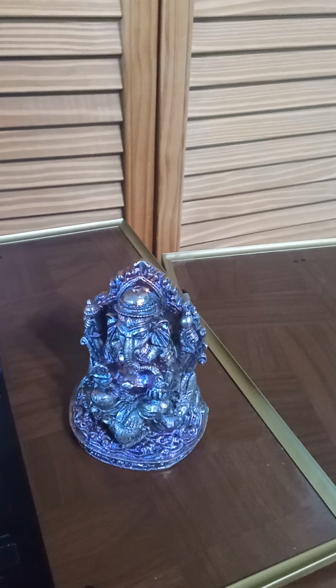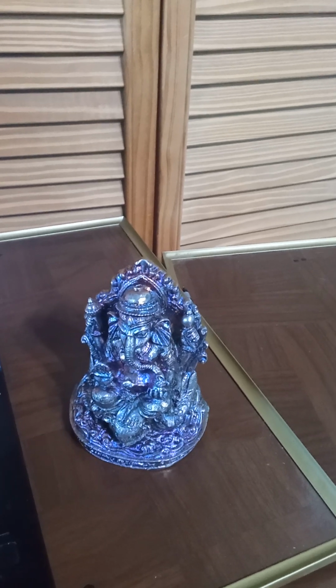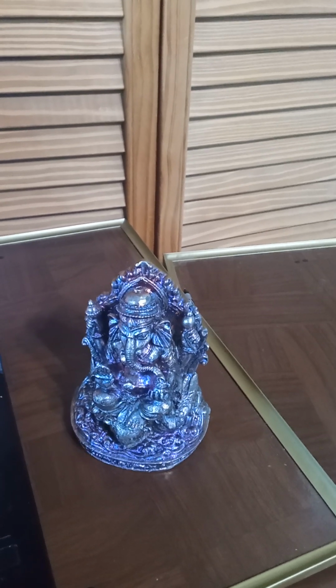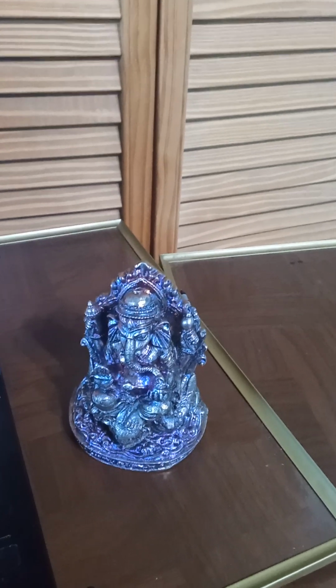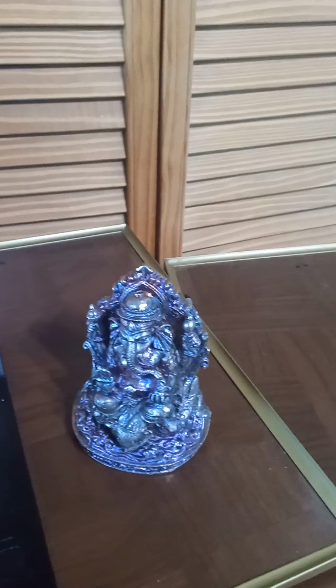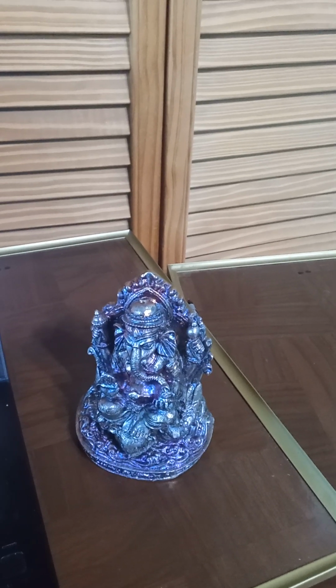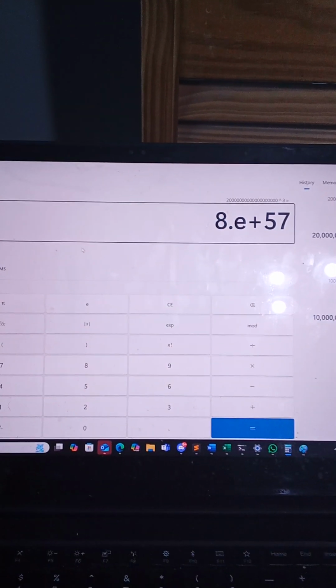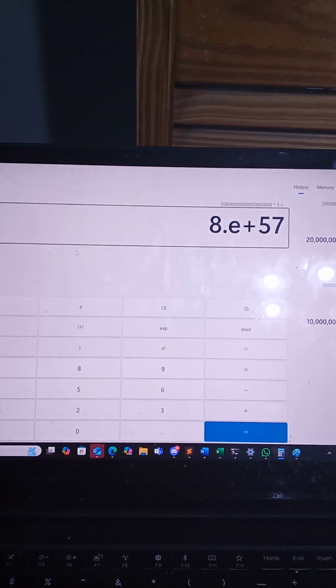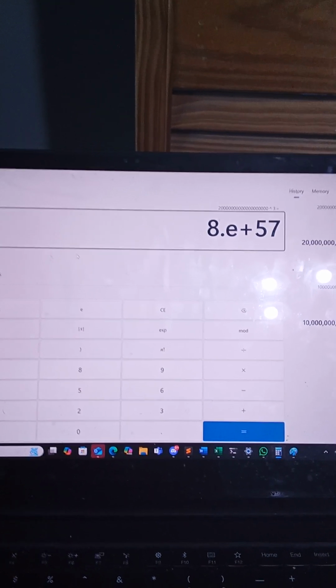The atomic mass of bismuth is 209 grams per mole, so we've got about 10 moles of bismuth in here. A mole is 6 times 10 to the 23 atoms, and each one of those has a 1 in 8 times 10 to the 57 chance of becoming gold in a given year.